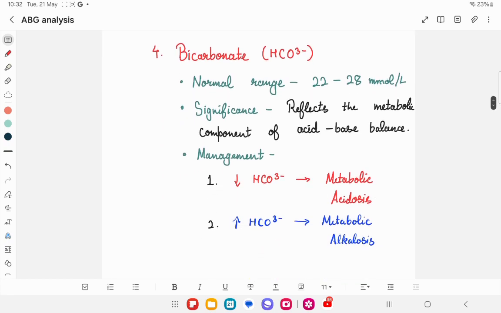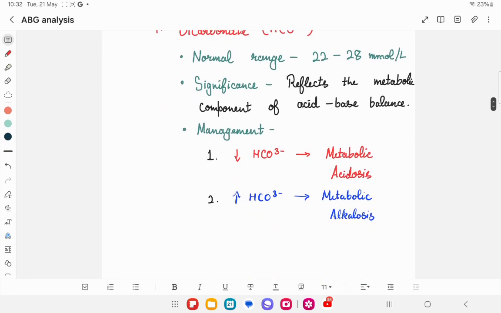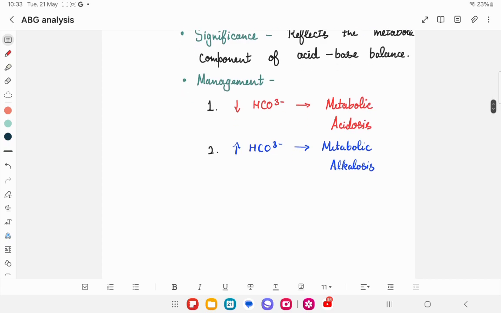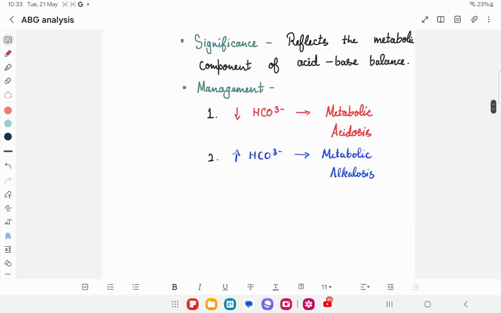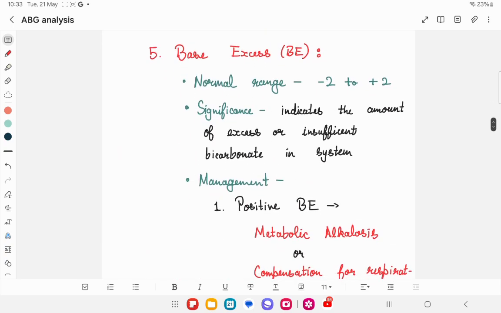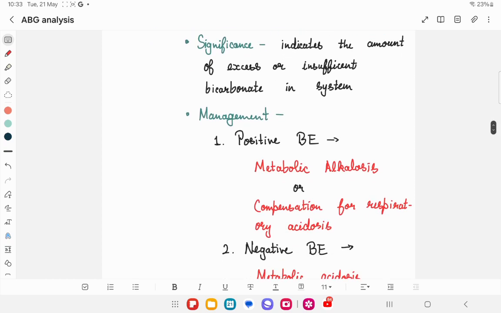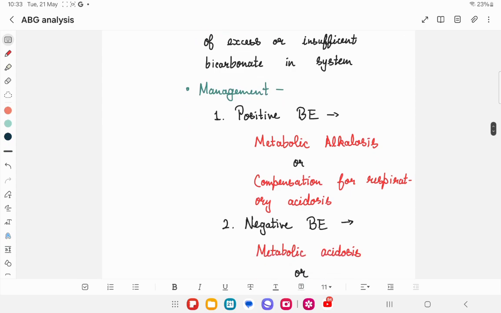Bicarbonate, normal range is 22 to 28 and it reflects the metabolic component of acid-base balance. What reflected the respiratory component of acid-base balance? PaCO2. So if bicarbonate is down, it means acidosis. If bicarbonate is up, it means metabolic alkalosis. So base excess, normal range -2 to +2, and it indicates the amount of bicarbonate in the system if it is excess or insufficient.